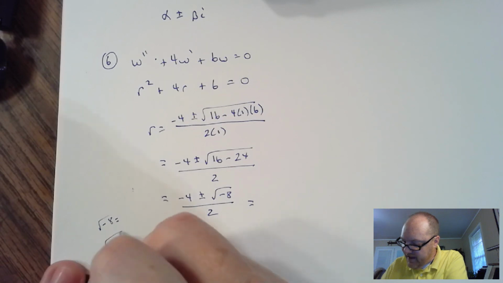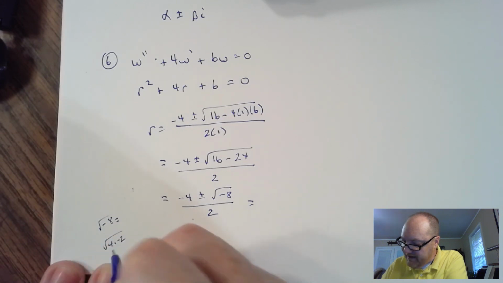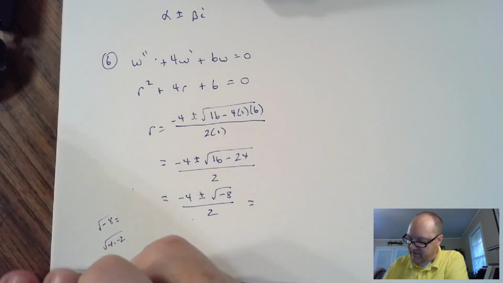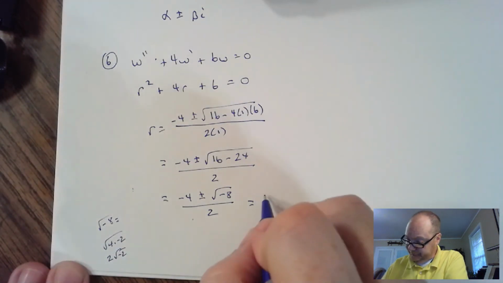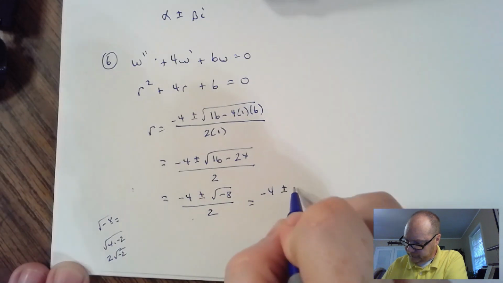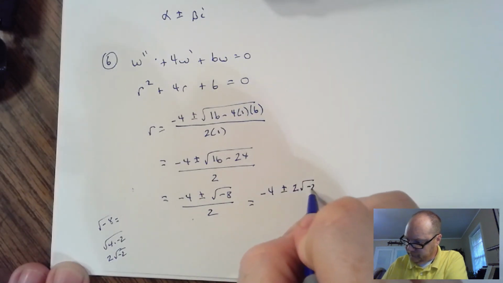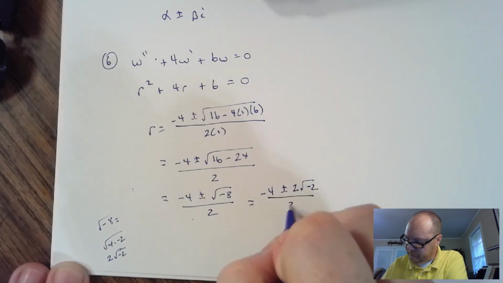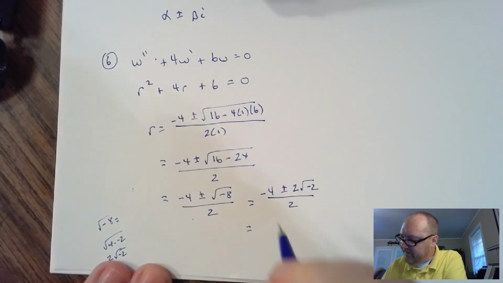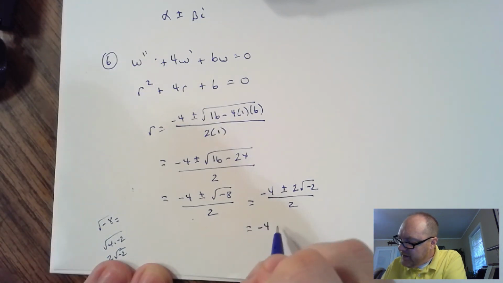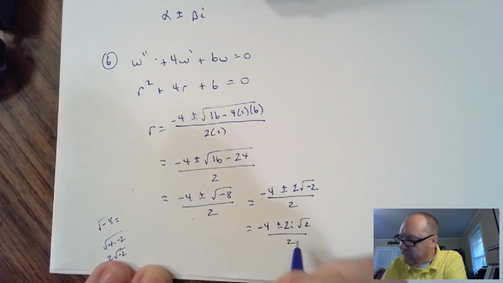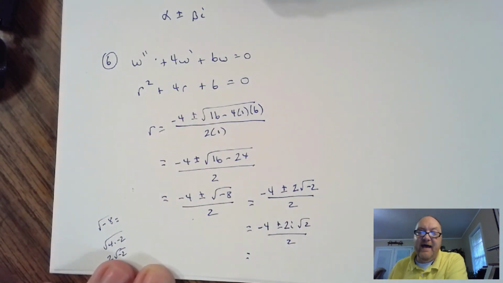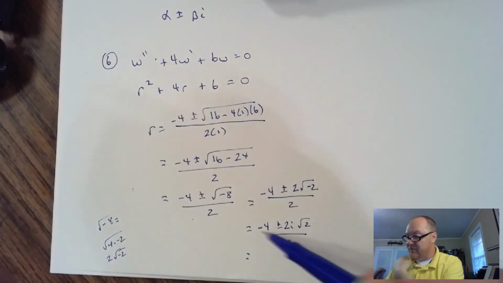Negative 8 is the same as 4 times negative 2, and the square root of 4 is 2. And I can take care of the negative. I'm not sure why I didn't do that then. But negative 4 plus or minus 2i square root of 2 all over 2. And then finally, I can divide this 2 everywhere.